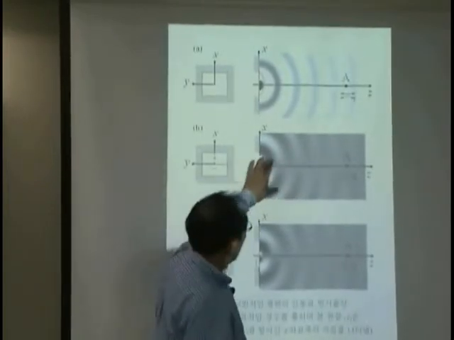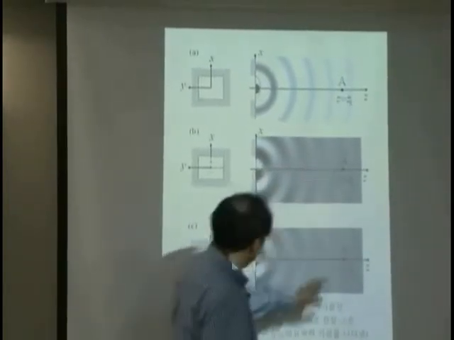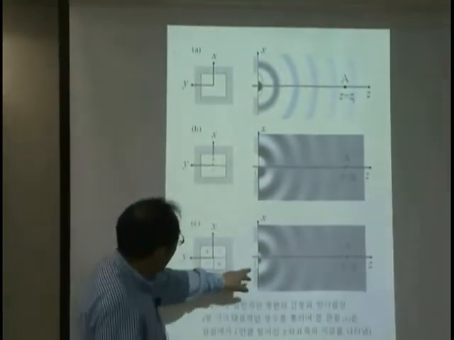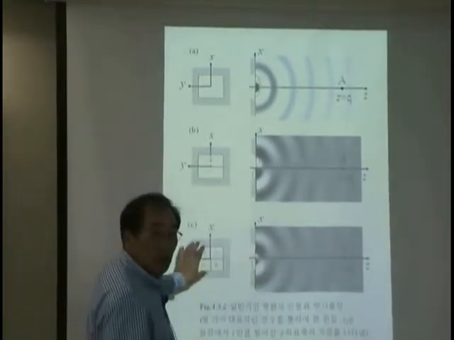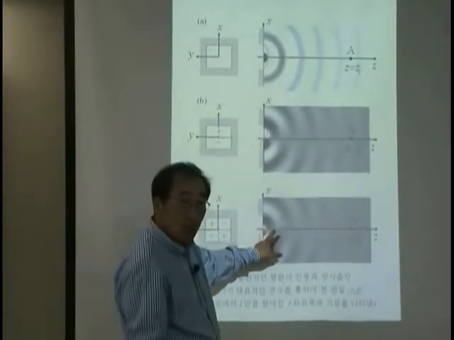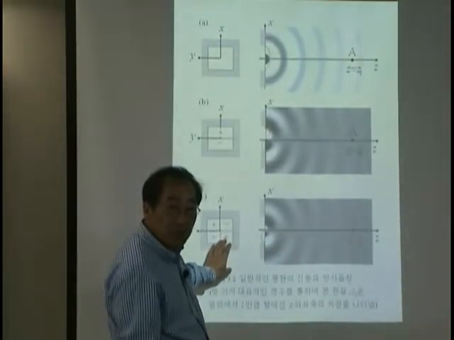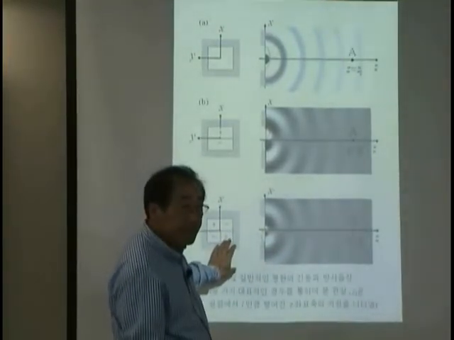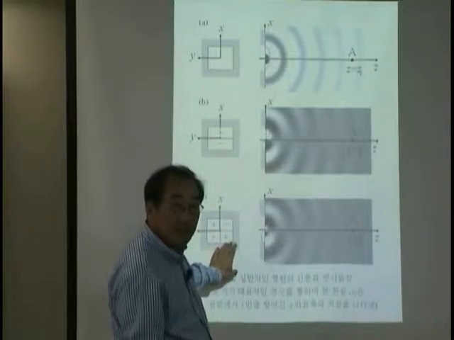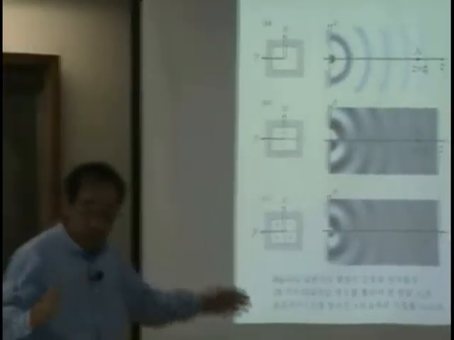But overall, it decays like a monopole. And the cancellation effect by this quadrupole-type vibration of the plate is more severe, as you can see in this picture. Okay? Right? So overall behavior we do understand.